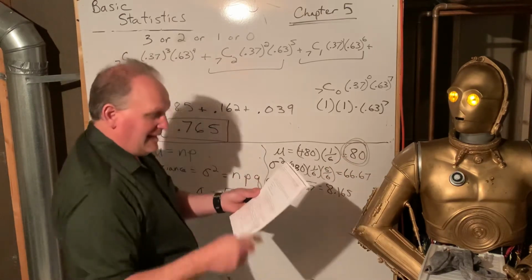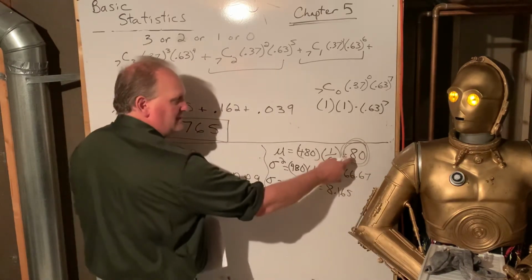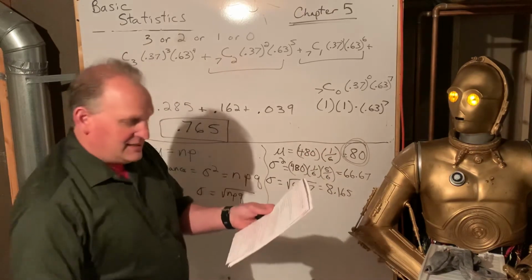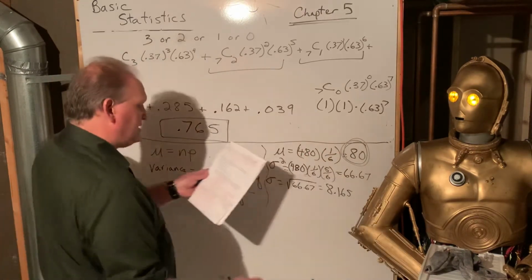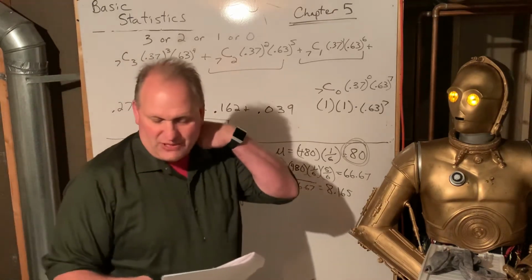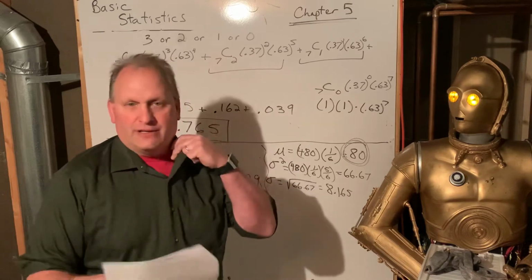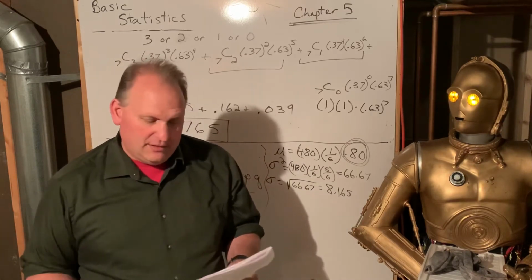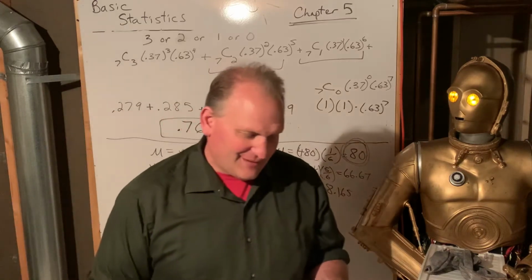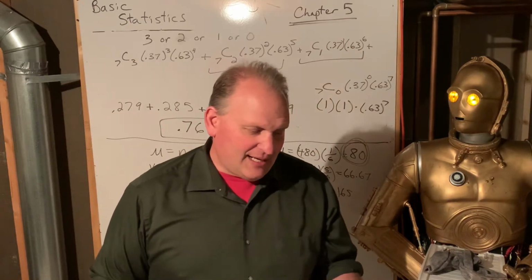That's our 96, and take 16 away from that, and that is about 64. And so 95% of the time, we could expect between 64 to 96 players win out of 480. All right? Okay.